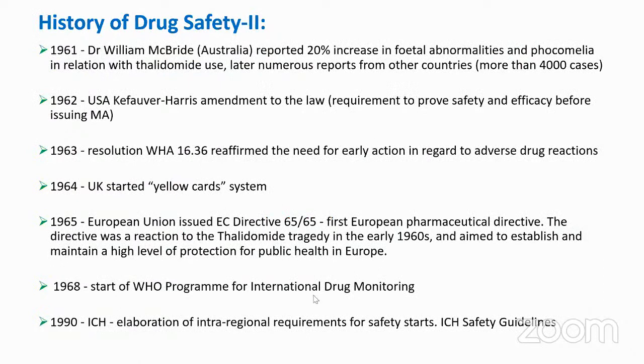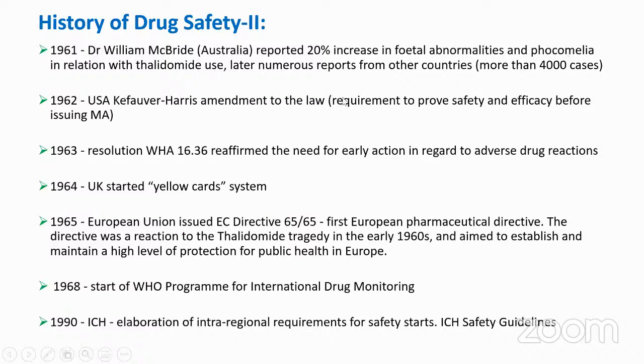Next, the history of drug safety. We can see some other incidents that happened before this PV. The thalidomide disaster in 1961: more than 4,000 cases happened. After taking thalidomide in the first trimester, after delivering, the babies all had fetal abnormalities and phocomelia in relation with thalidomide use.